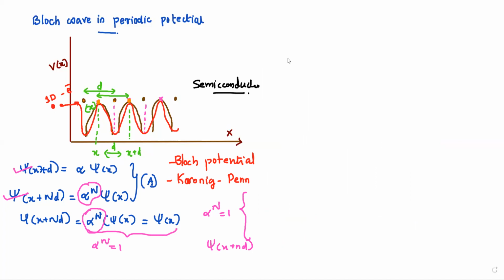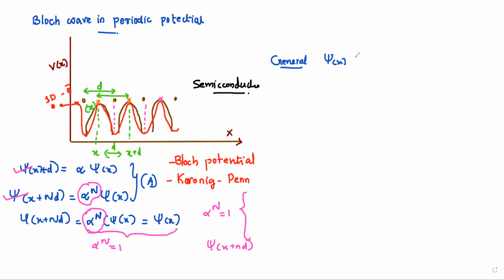Now consider the general solution of this equation again. Let us find a general solution for this Bloch periodic function. A wave function psi of x is equal to e raised to ikx into something.